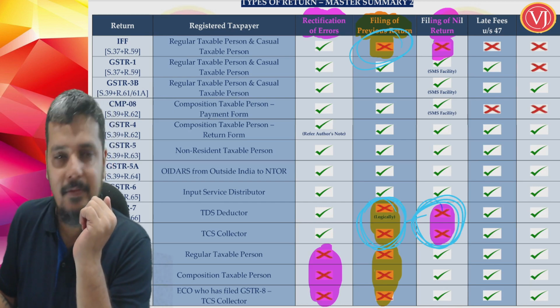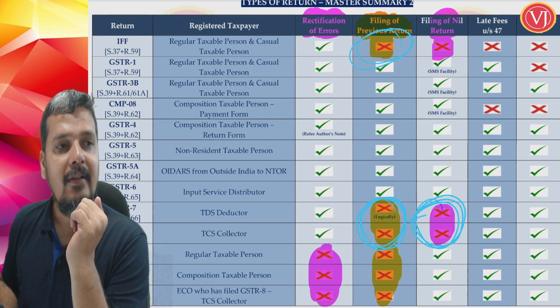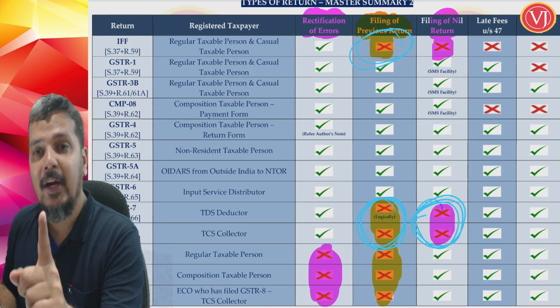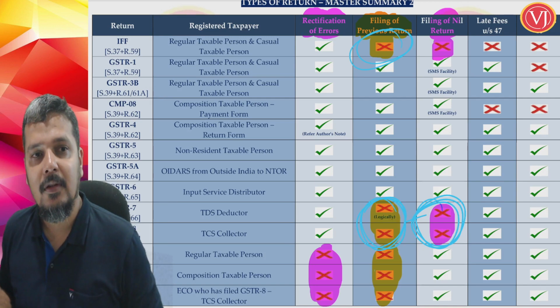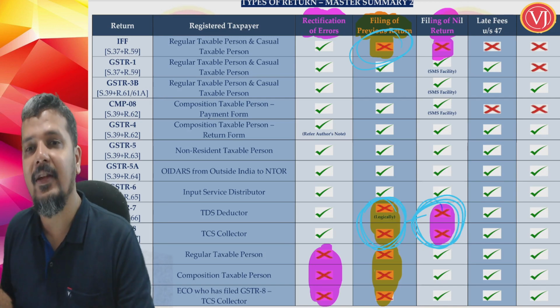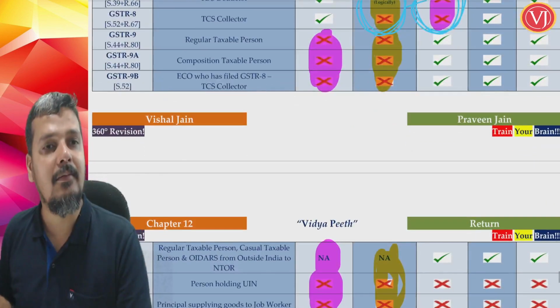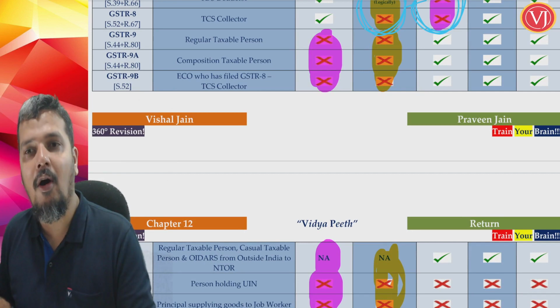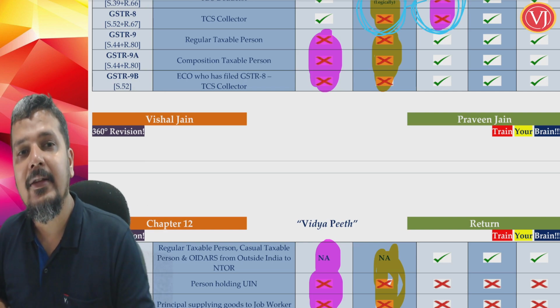One is IFF that we have seen, because it is optional. One is GSTR 7 and GSTR 8. But wait, this time 9, 9A, 9B will not come. Even if you don't have a transaction, you have to file nil GSTR 9, nil GSTR 9A, nil GSTR 9B. Even GSTR 10 will not come. Even if you don't have any stock and payment on the stock in relation to ITC or deemed supply, even then you have to file GSTR 10.